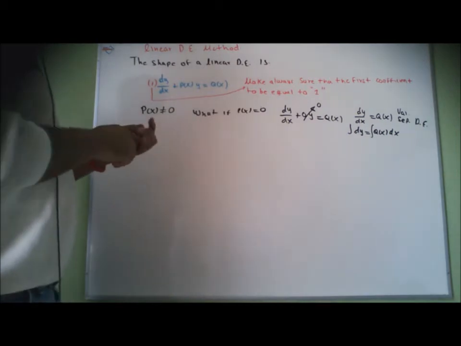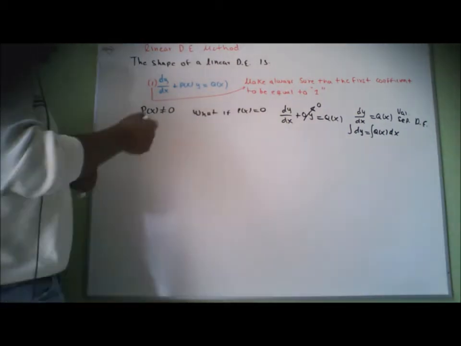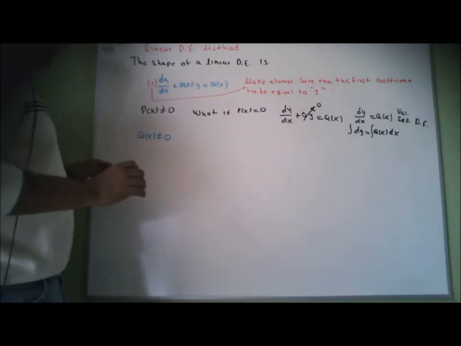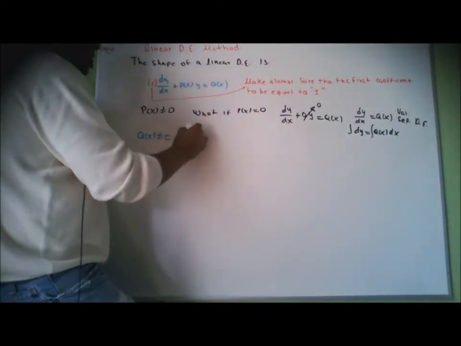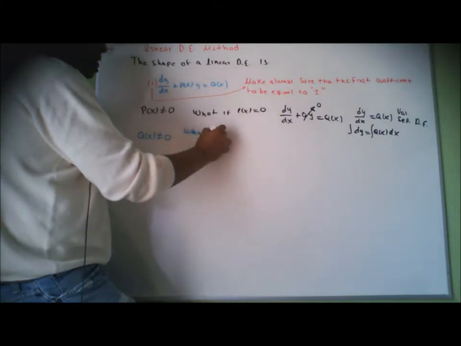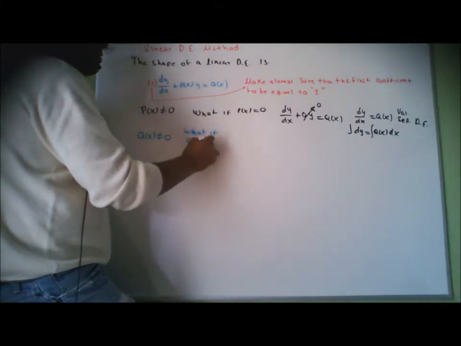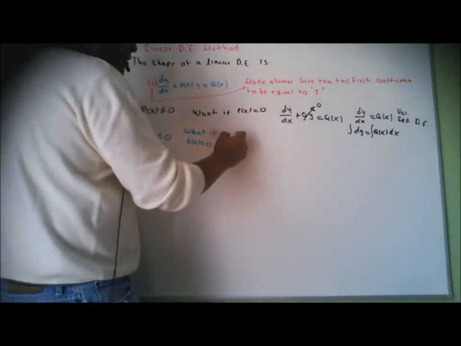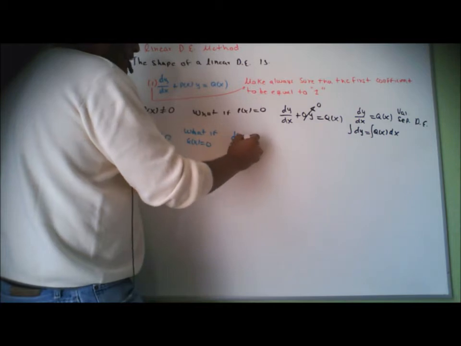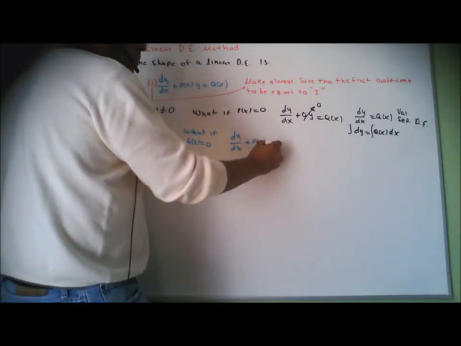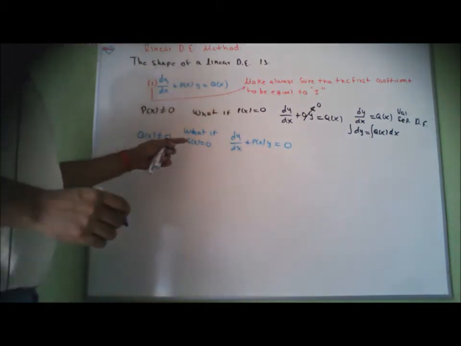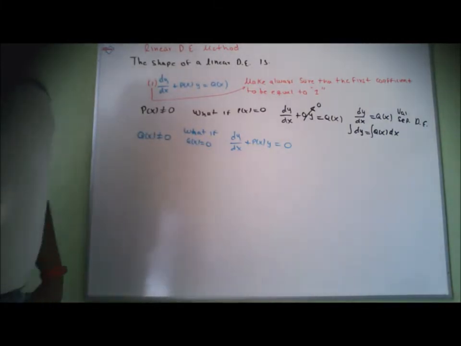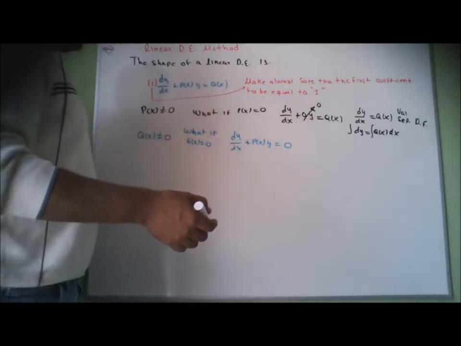Another thing that we need is that q of x must also be different than 0. Again, the question is, what if q of x is equal to 0? So what happens if this is equal to 0? What you get is the derivative of y with respect to x plus p of x times y equals 0, because we make q of x equal to 0. Just like in the previous case, the problem becomes a variable separable differential equation.